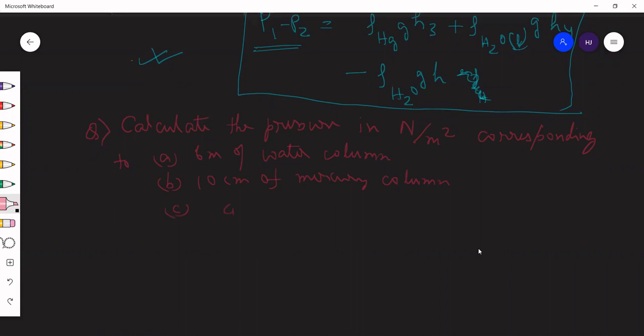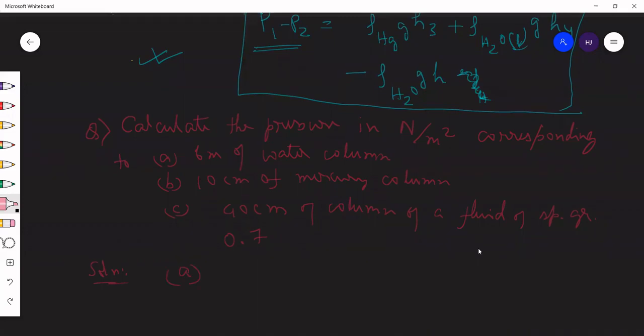Like that, you have 40 centimeter column of a fluid of specific gravity 0.7. So what is the solution here is, I have around, I think, 10 minutes left.